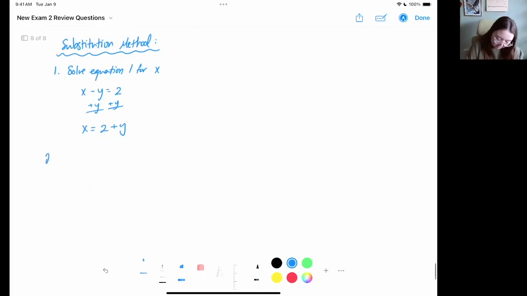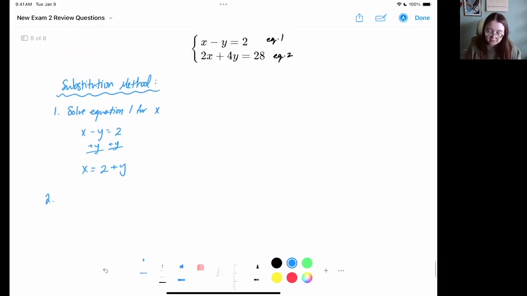So now that we have that, we're going to replace x in equation 2 with 2 plus y.